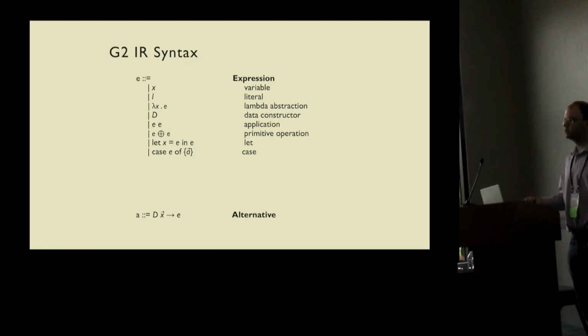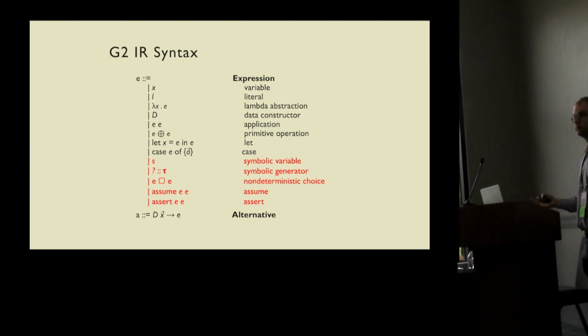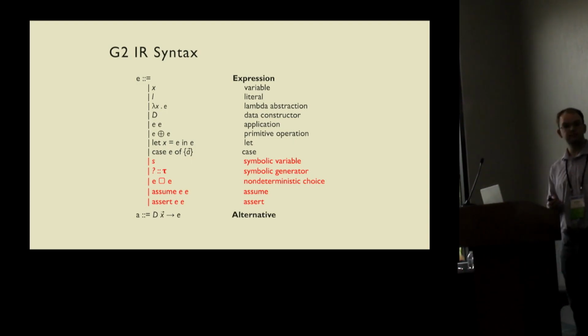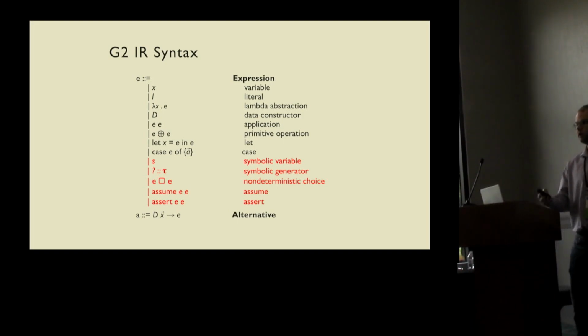What's added into G2's intermediate representation is a bunch of stuff that really only makes sense in the context of symbolic execution. So we have symbolic variables, variables that we don't have a binding for, that are not bound by a lambda or case statement or let statement. We have something called a symbolic generator. A symbolic generator, when executed, is going to introduce a fresh symbolic variable into our program.